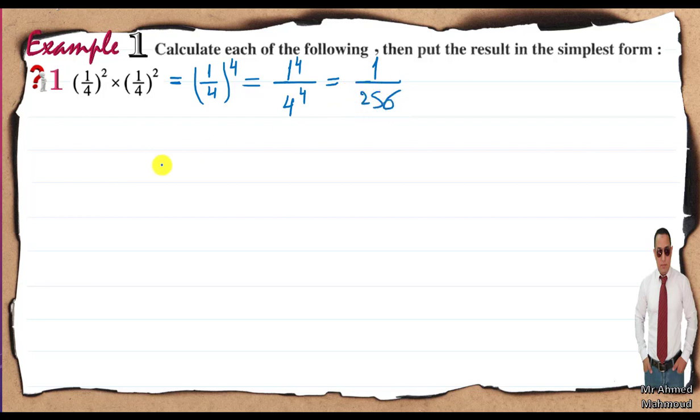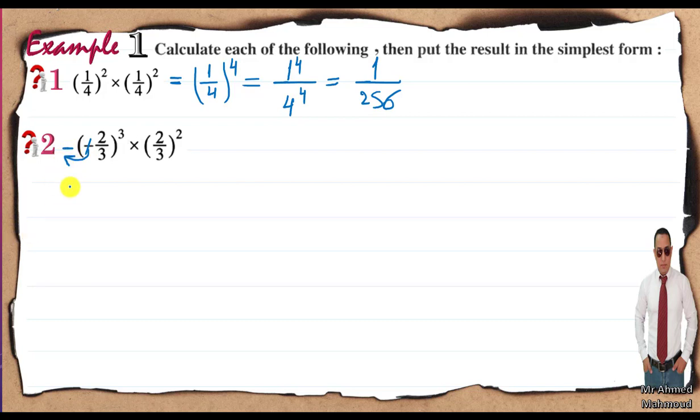Number 2: (negative 2 over 3) all power of 3 times (2 over 3) all power of 2. Now we have different bases. Why? Because negative 2 over 3 is not equal to 2 over 3. So I'm going to skip this negative by using that the power is odd. So I'm going to send this negative outside, like this.